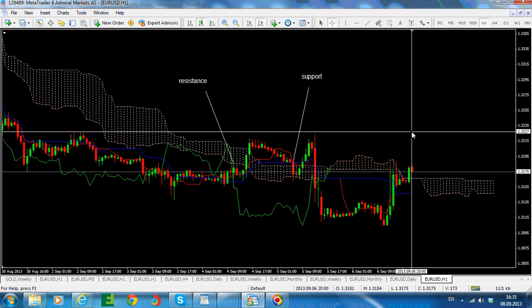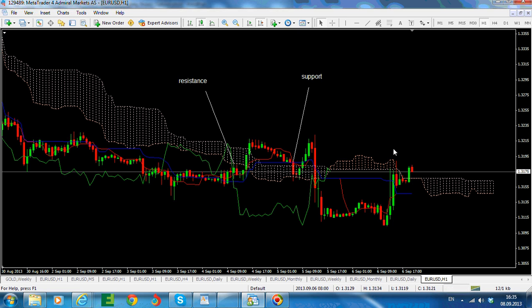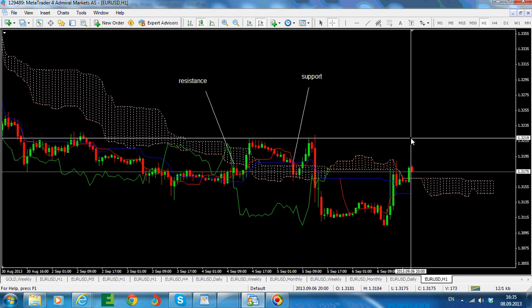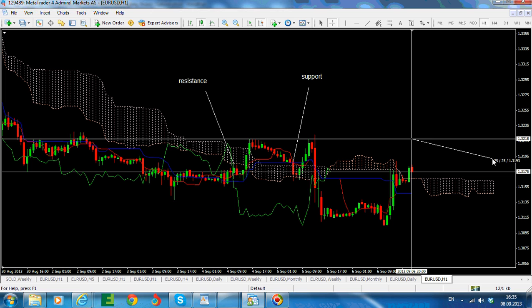So that gives us 3 periods of time, if I may say so. The current price, where you see the crosshair now on the screen, then price shifted 26 periods back in time for the Chikou, and then price shifted 26 periods forward for the Senkou A and Senkou B that give out the cloud.